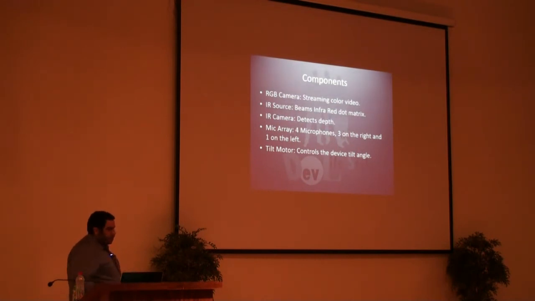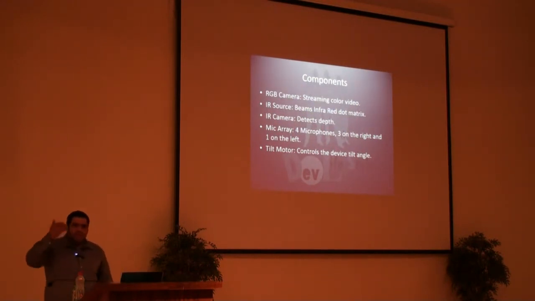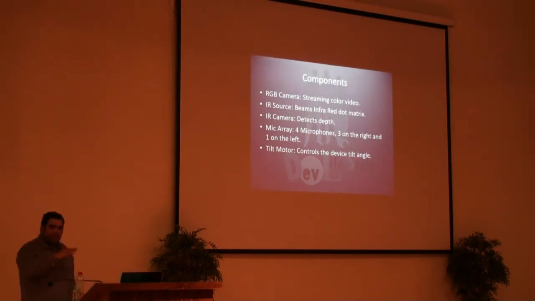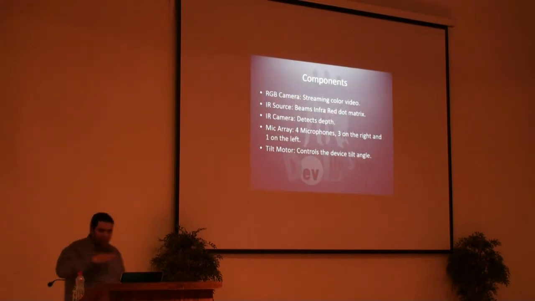So we have here the RGB camera, that's screen color video, the infrared source, that's illuminating infrared dots, and the IR camera to detect the depth, microphone array, tilt motor, and they have some other hardware components that we didn't know about, like they have an accelerometer here to detect the orientation of the device and how it's moving, the G-force in all 3 directions.